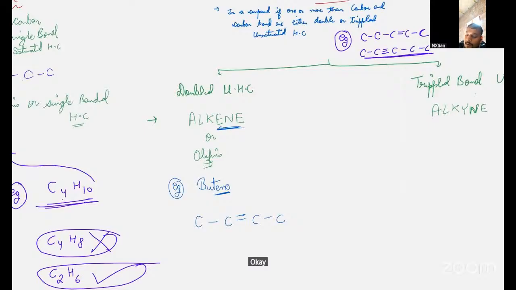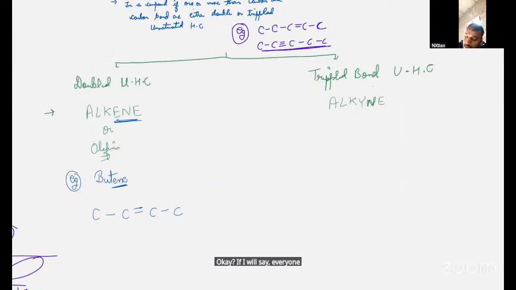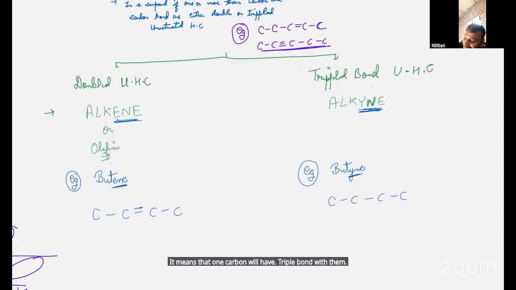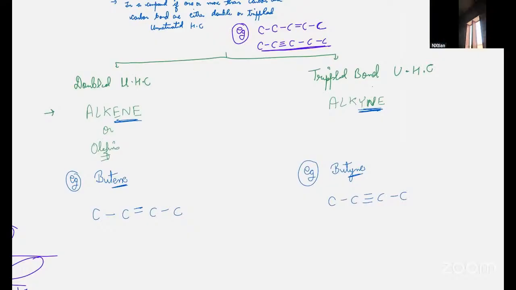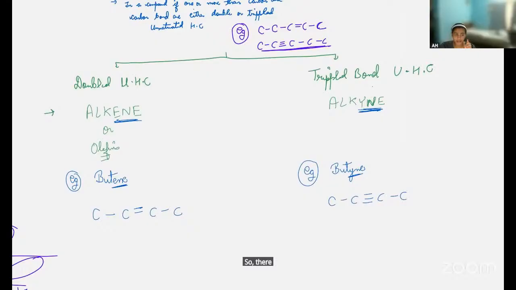If I say butyne, this yne is coming at the end. It means that one carbon will have a triple bond. So there is alkane, then alkene, then alkyne.